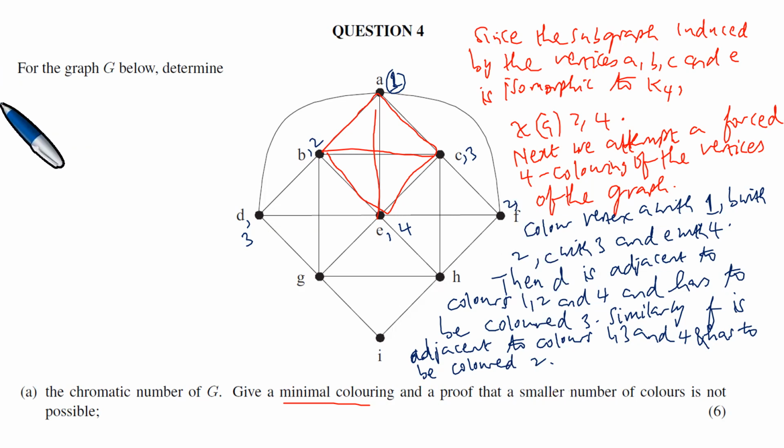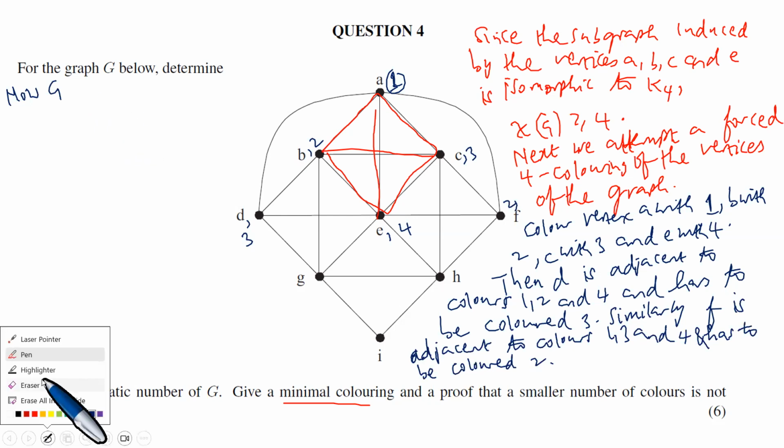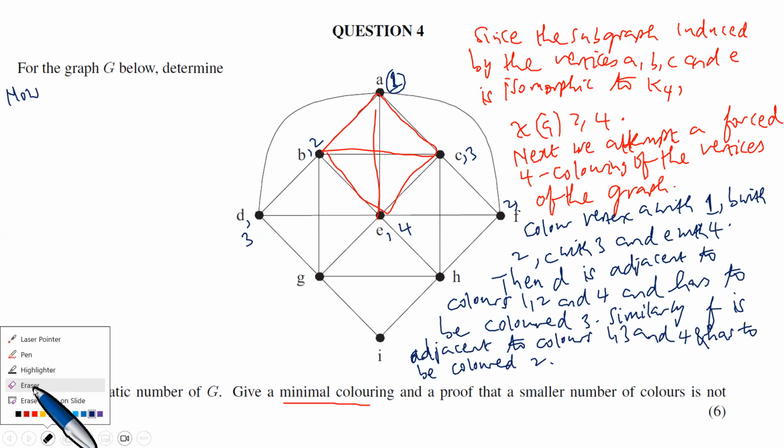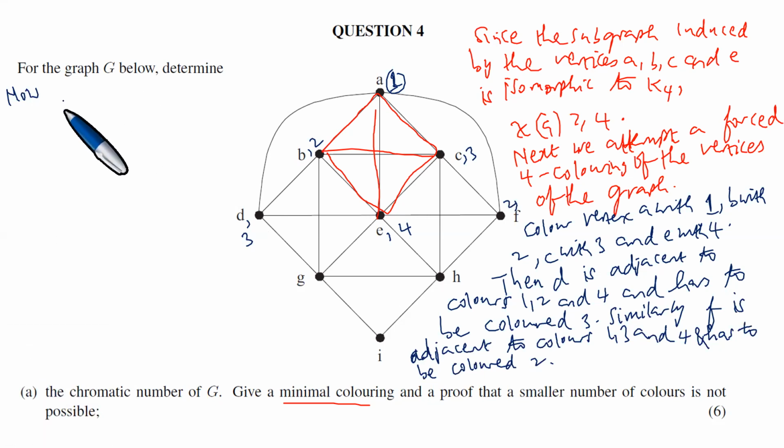Now G and H. Let's look at the vertices G and H. We have G, H, and I that are left, so we can focus on G and H for the start.